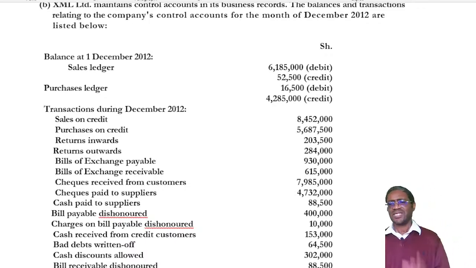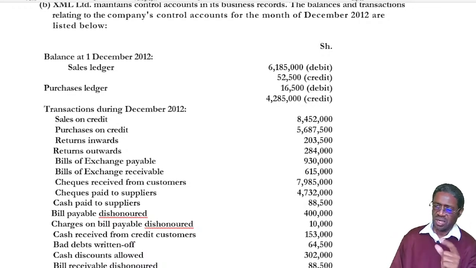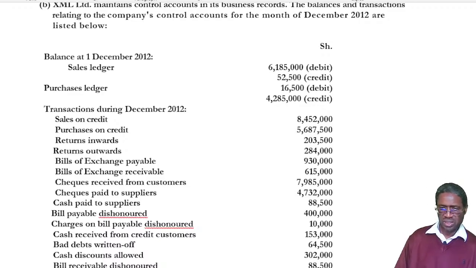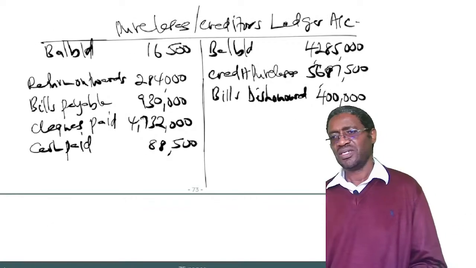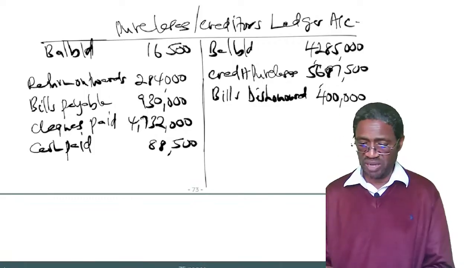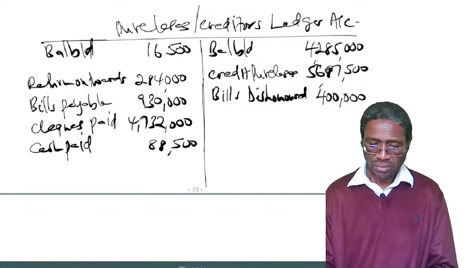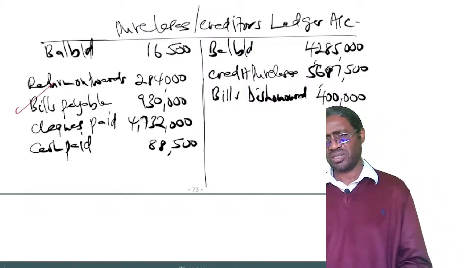Charges on the bill payable dishonored. Listen, we paid the supplier by a bill on the debit here. That bill has become dishonored.